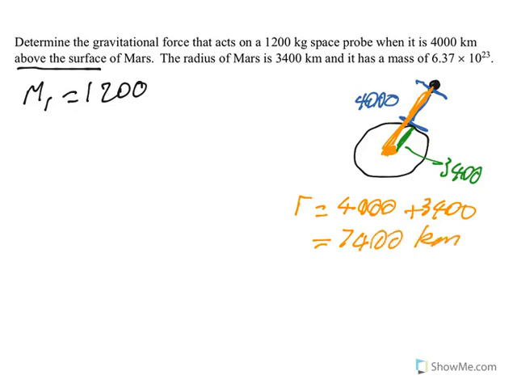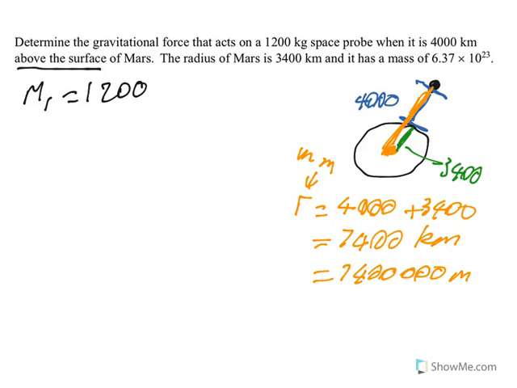Now that's kilometres, and of course this R needs to be in metres. So of course there's 1,000 metres in a kilometre, so let's just add 3 zeros. So there we are in metres.